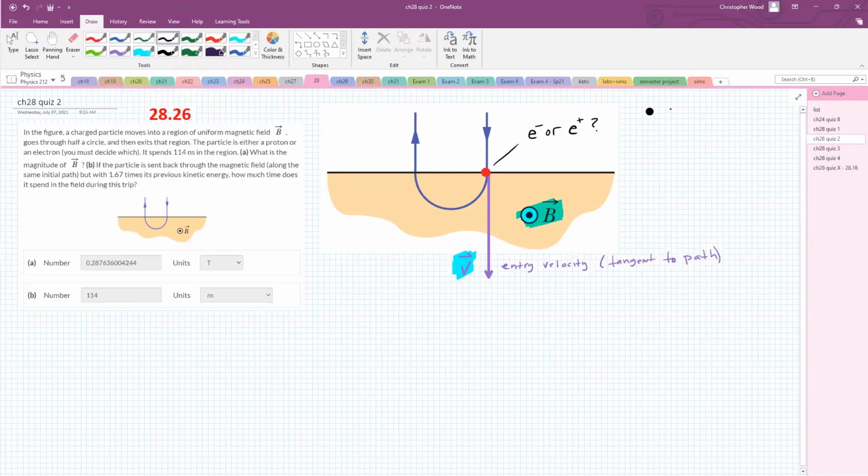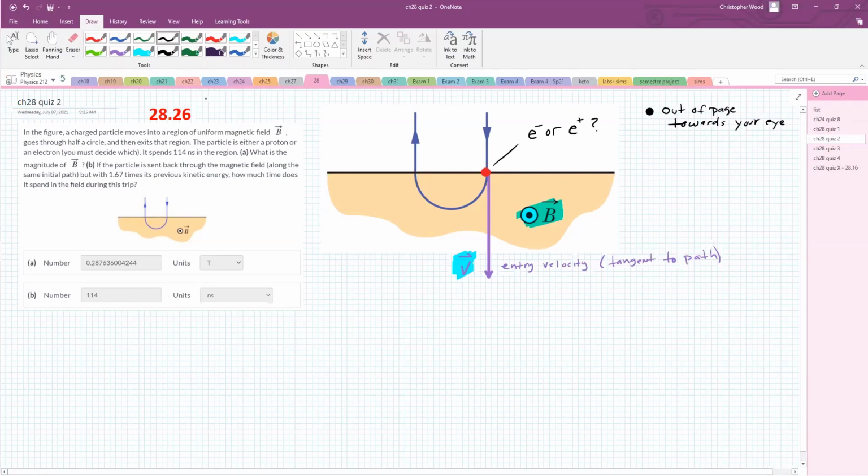It's coming out of page towards you. So think of it like an arrow, coming towards your eye.